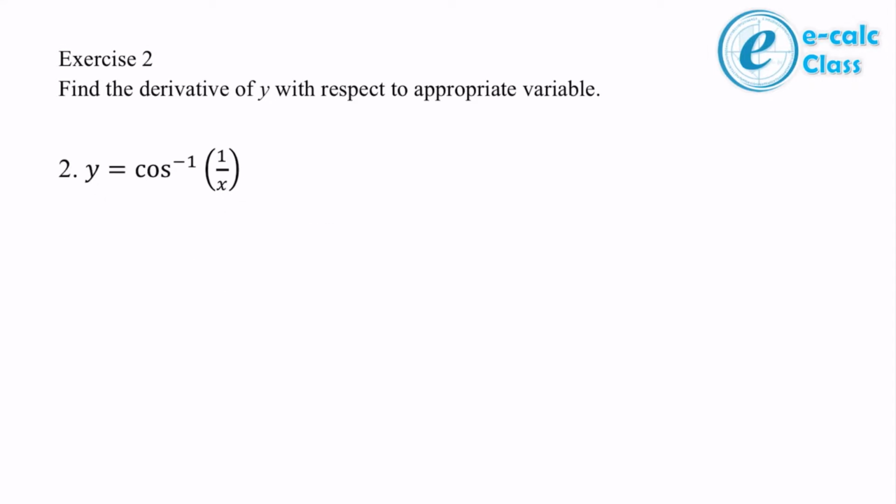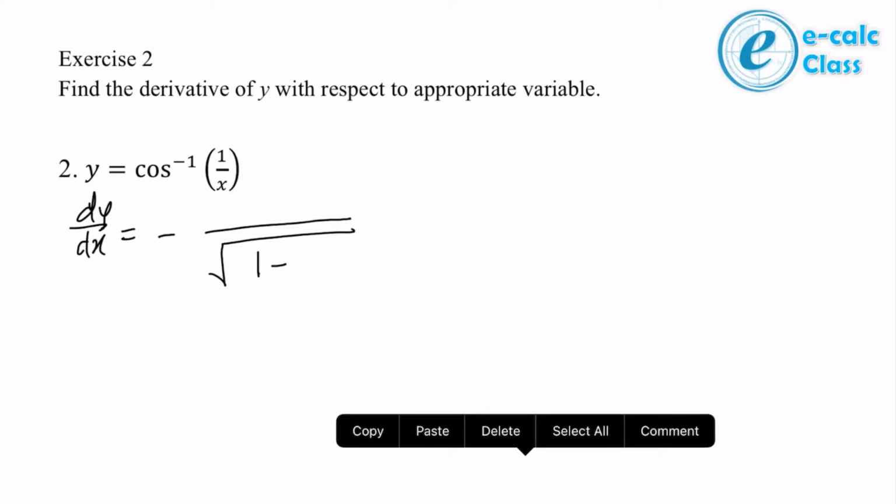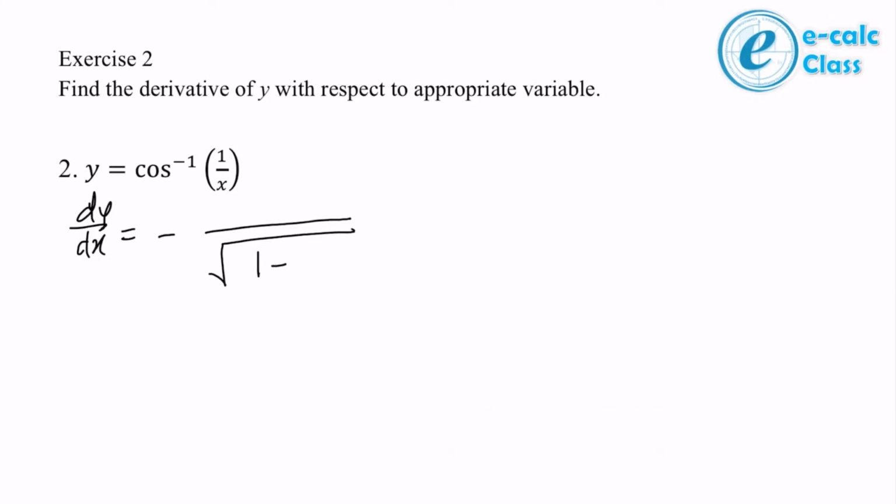Number 2, oh, for this one, okay, never mind, just do it first, okay? dy dx, cos is negative, right? 1 over the square root of 1 minus the square of whatever you have inside, which is 1 over x squared. Differentiate 1 over x, you get a negative 1 over x squared.